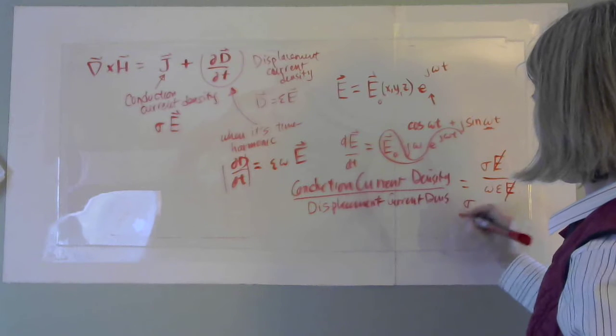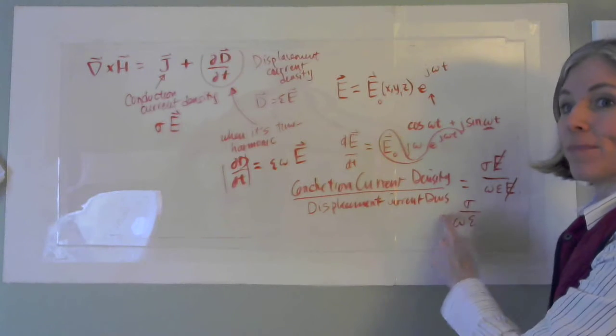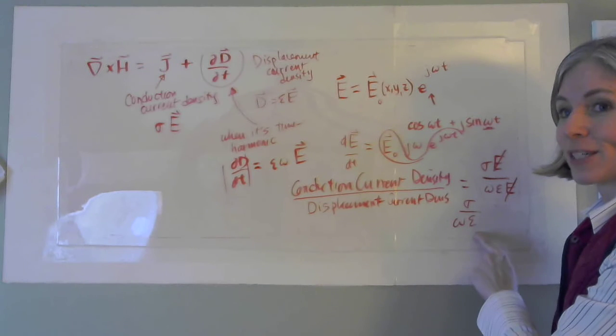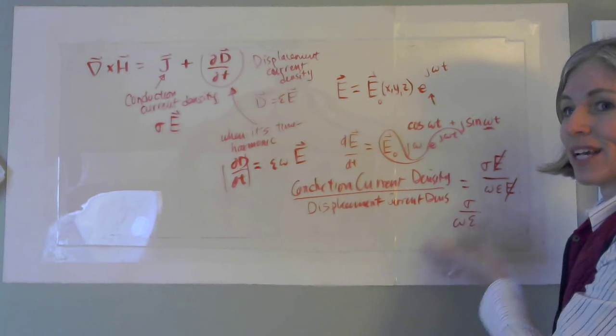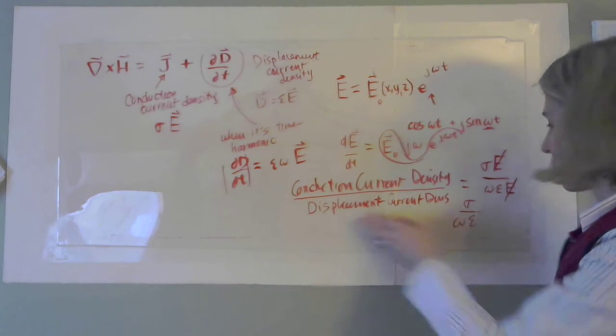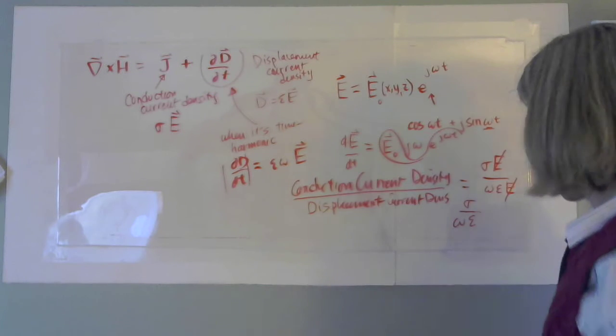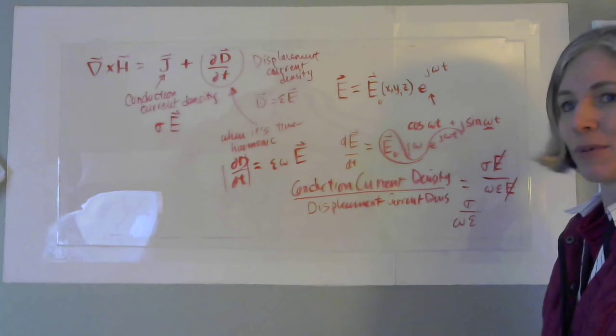Okay, so whether we've got something that behaves like a metal conductor or more like a capacitor is determined by this conduction to displacement current density ratio. And you can see that that's a function of frequency. Okay, at high frequencies it's all displacement current.